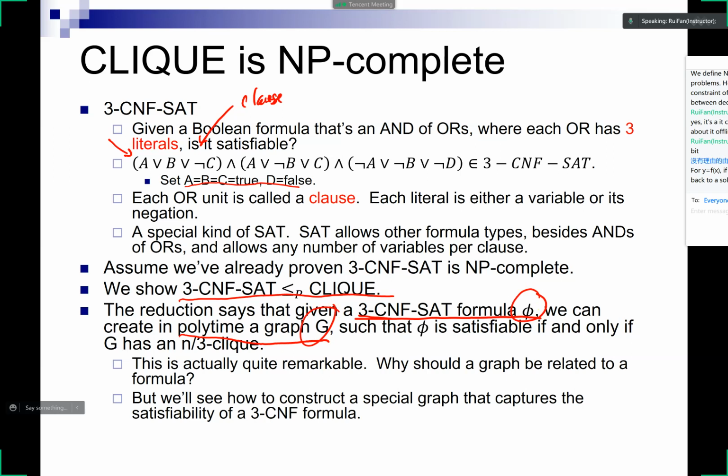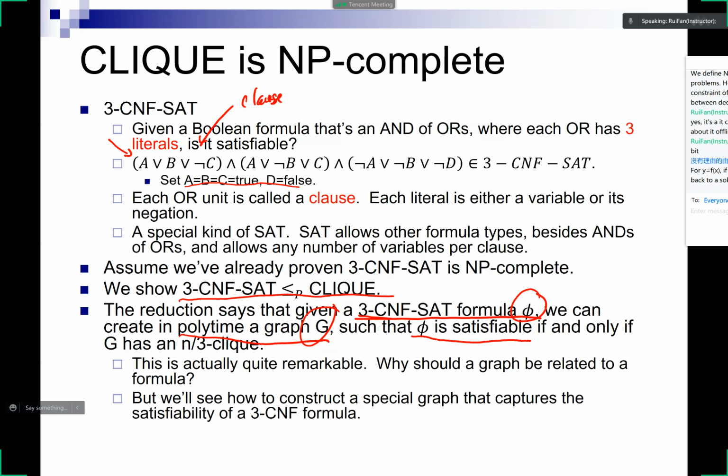A priori, if you give me a formula, I'm going to think of it simply as a formula. It's hard to think of this in any other way. But somehow, through this reduction, you can transform that formula to a graph, and the two are very related to each other, because the formula is satisfiable if and only if the graph has an n/3 clique.